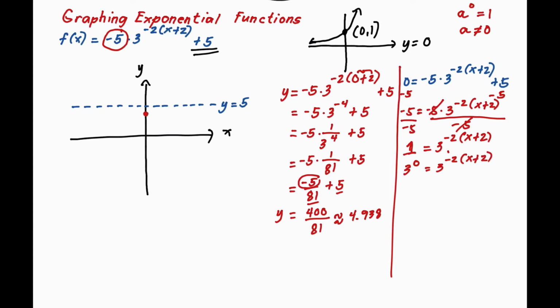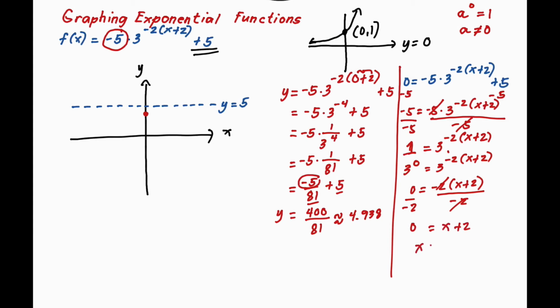We discussed already that if they have the same base, we can cancel it out using the one-to-one property. So we have 0 equals negative 2 times x plus 2. I can divide first by negative 2, or if you want, you can distribute, but my way is to divide now. So what is left is 0 over negative 2, which is 0, equals x plus 2.